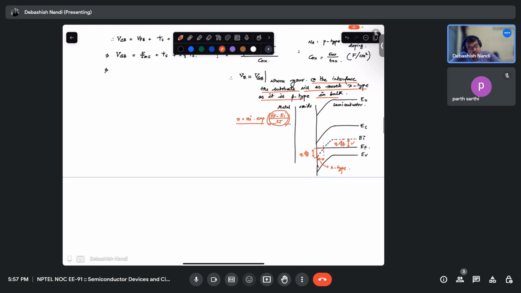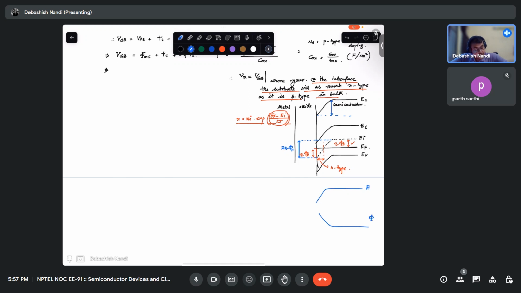Okay. So what is the effective band bending? Effective band bending is nothing but 2q phi f. And what does this band bending translate to? This band bending translates to the potential drop, because we know that if my energy band diagram is like that, then my potential will be like this.